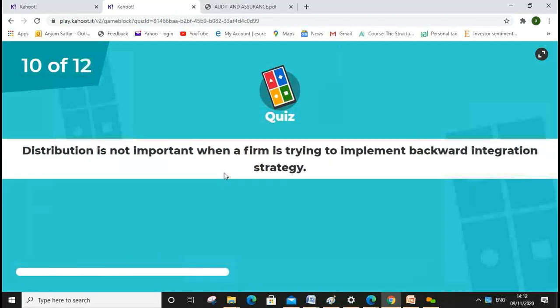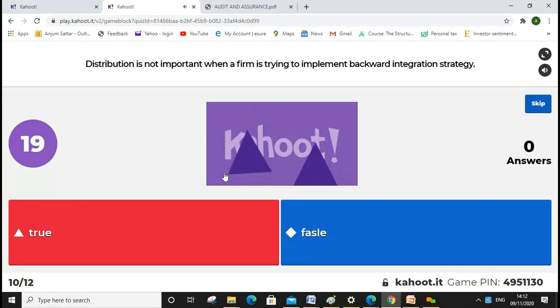Distribution is not important when the firm is trying to implement backward integration. We can do an audit to look around whether they have applied it effectively or not. True or false, what do you think? First we need knowledge about backward integration. If the company said yes, they do it, we can do an audit, we can look around their strategies.